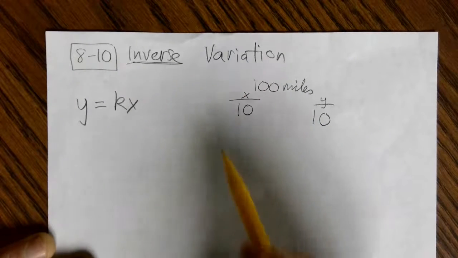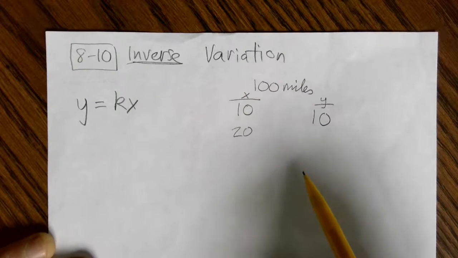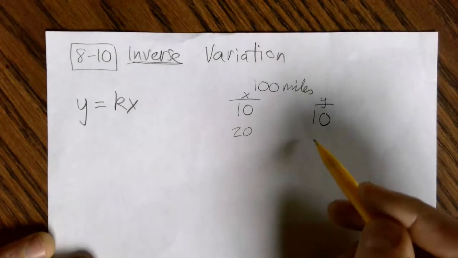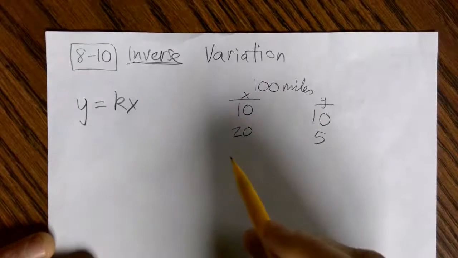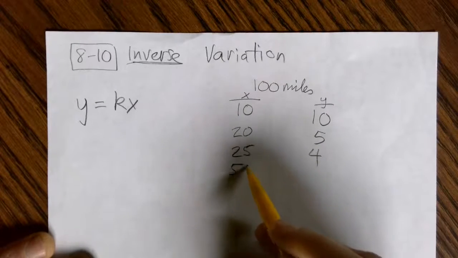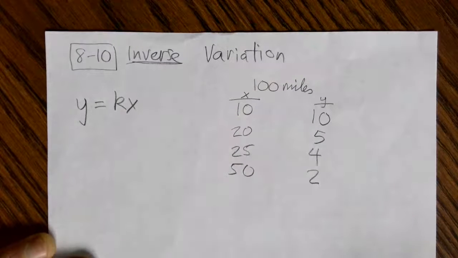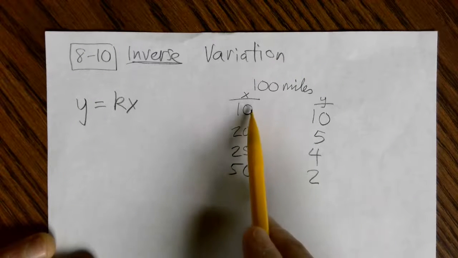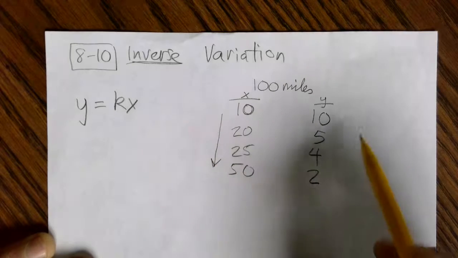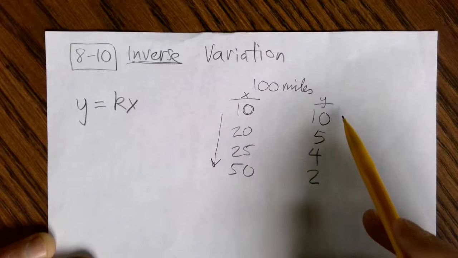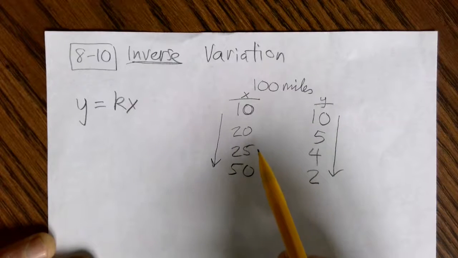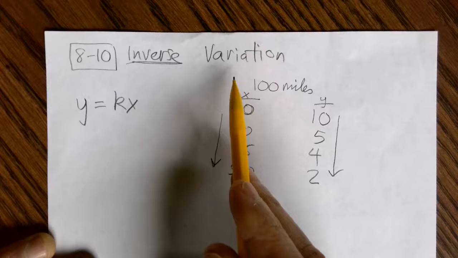If my speed is 20 miles an hour, what will my time be? 5 hours. And 25, 4, 50, 2. So what we're seeing here is when the speed goes up, the time goes down. This is a relationship of inverse variation.